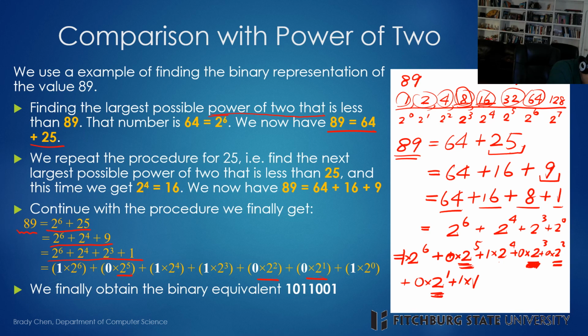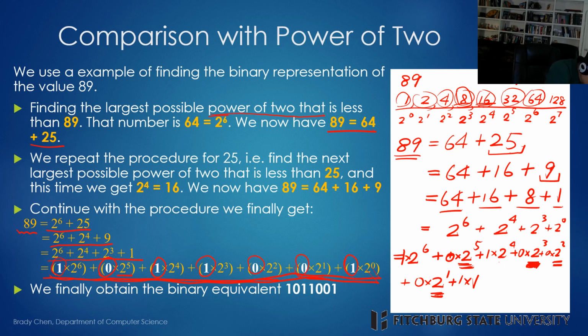Now we can write 89 in the expanded form. Now, what is the binary representation for 89? Remember, that's the expanded form, right? And each number here, I use the white color. So each number represents a binary digit. Okay.